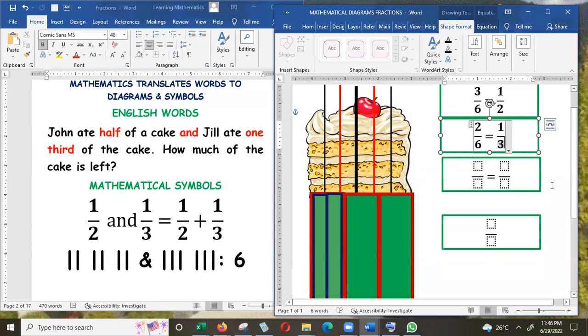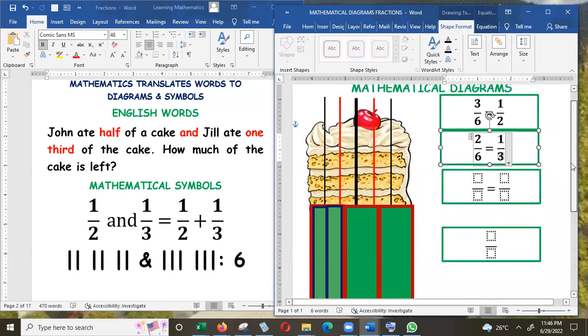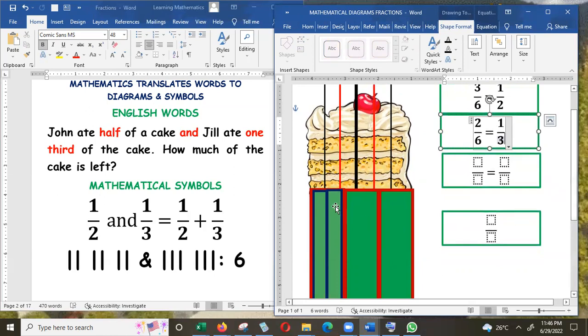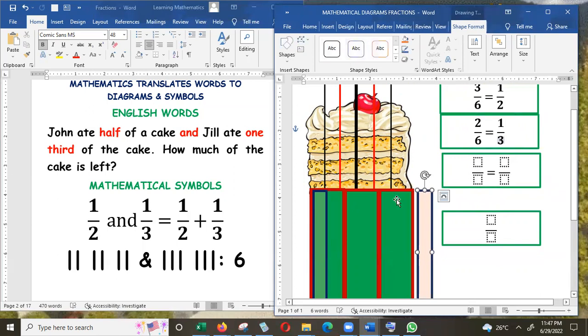Okay. So therefore, if Jill ate 1/3, actually Jill ate 2 out of the 6. All right. So to come to a conclusion, let's bring this there.